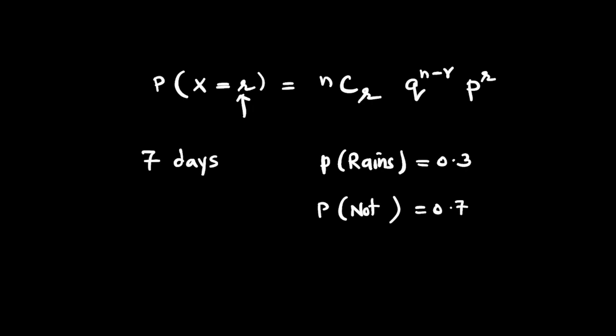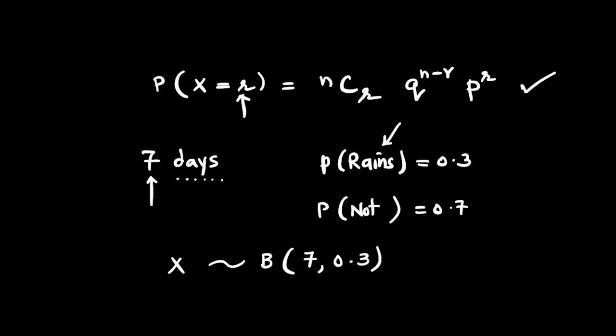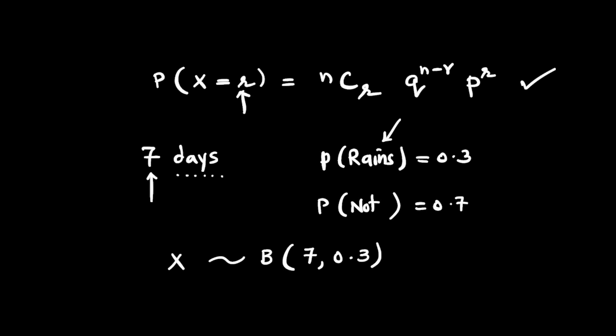Now we can write the distribution for X. X follows a binomial distribution with number of trials 7. We are talking about 7 days, and the probability of success is the probability of raining, that is 0.3. And then we can use this formula to calculate probabilities.